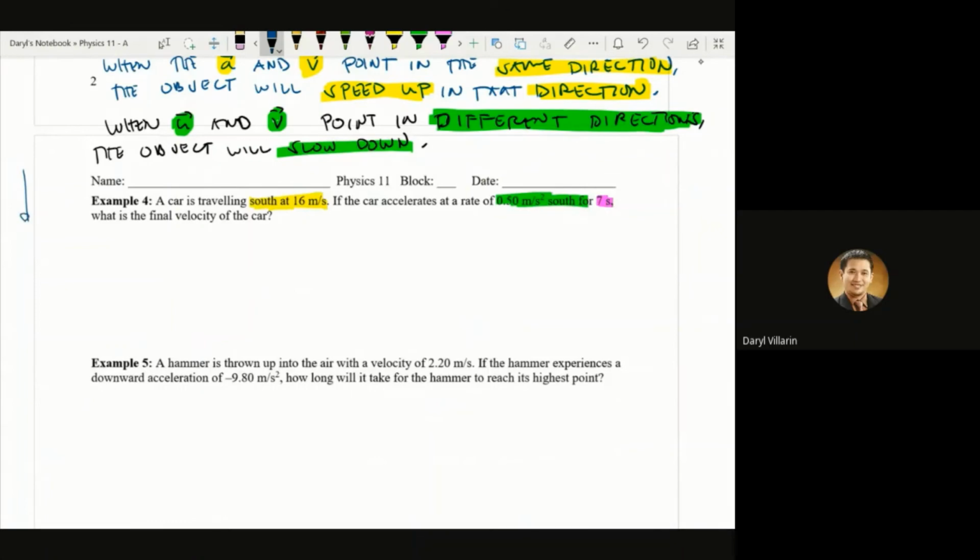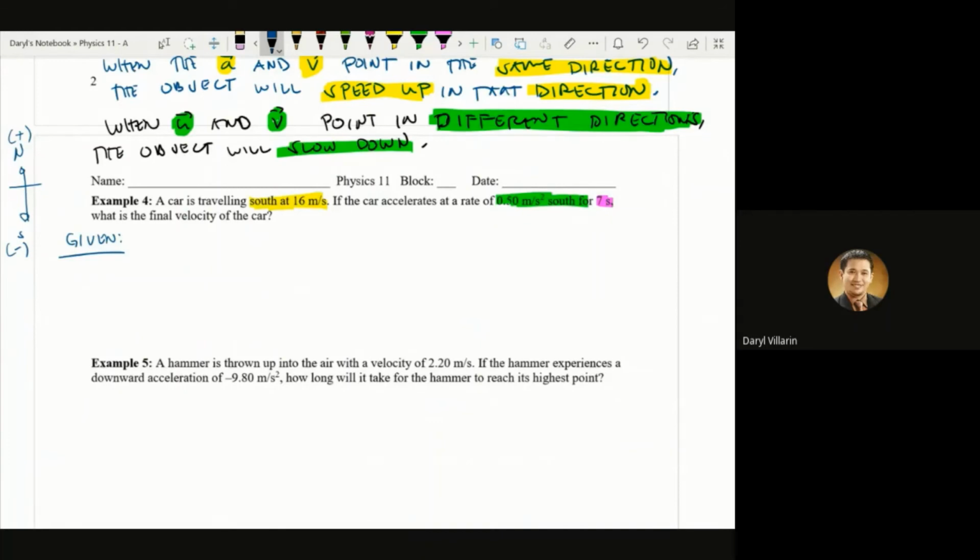So in our case, we use the convention that north is positive, south is negative. When I write my givens, just for the calculation, so that the algebra is much simpler, we interpret using our coordinate system that south is negative.